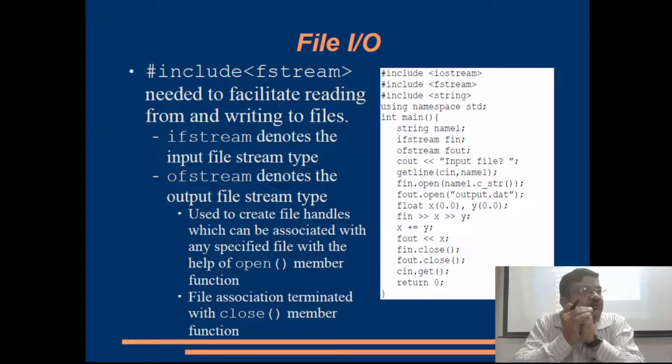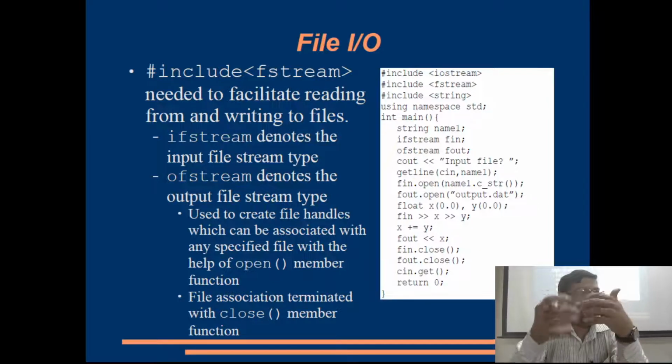Okay, so we have discussed formatting the fields of output, how to control the format of input and output by modifying the default settings using several qualifiers available in the header file iomanip, input output manipulation.